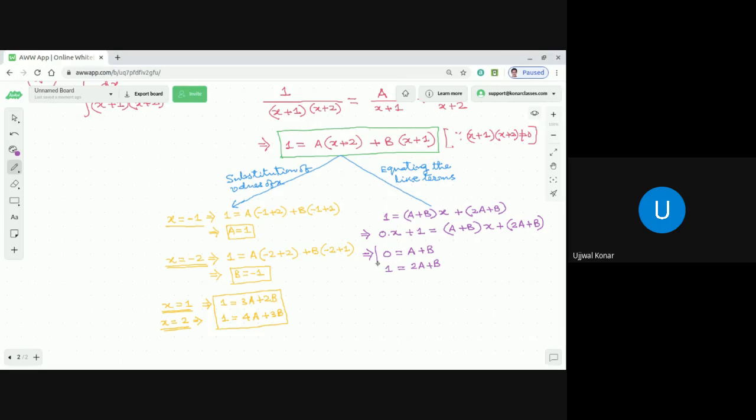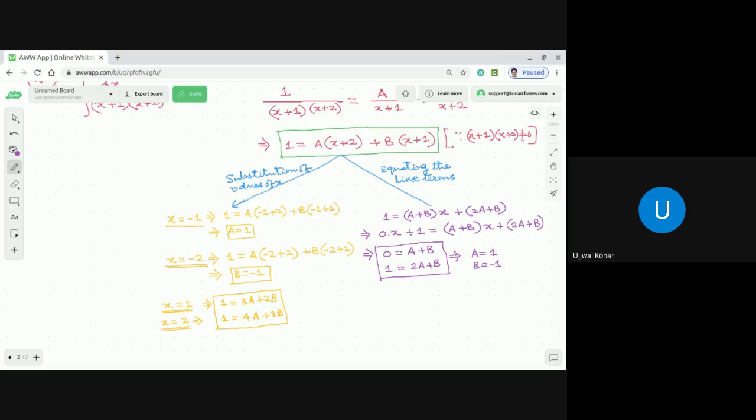If you solve these two, you see the value of a is equal to minus b. Correct or not? So b is equal to minus 1 and a is equal to 1. If you solve these two linear equations, you will definitely get a is equal to 1 and b is equal to minus 1, which we already achieved.